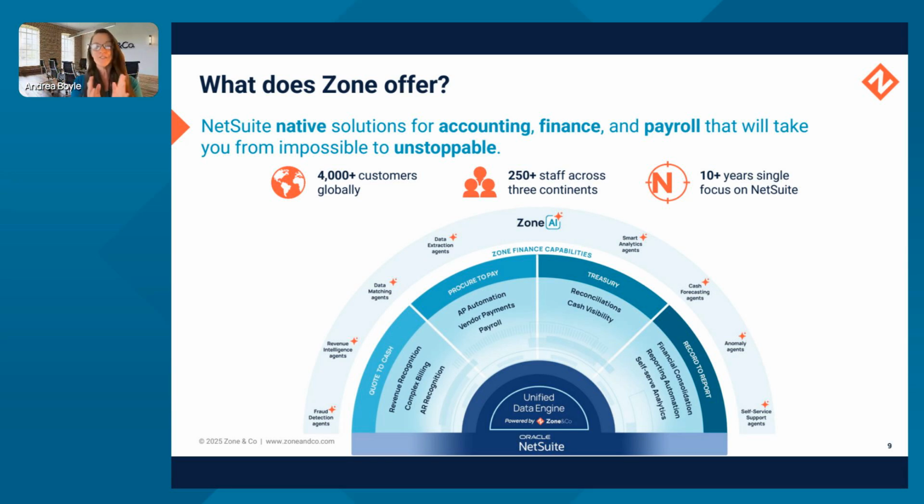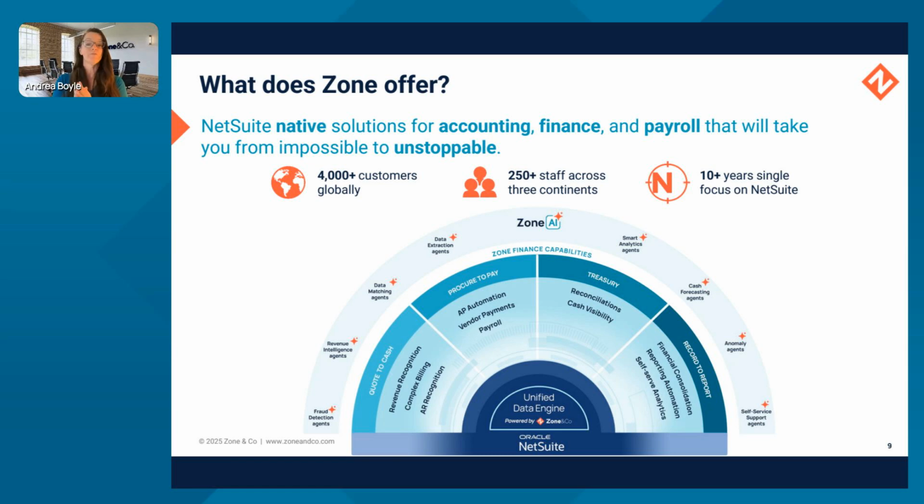If you're not familiar with Zone & Co., we're one of the very few providers building financial solutions directly inside NetSuite. That means no third-party integrations, no data sync delays, just one system, one source of truth. We offer a full suite of NetSuite native products that helps finance teams like yours streamline everything from billing and payroll to AP automation, reconciliation, approvals, and reporting.